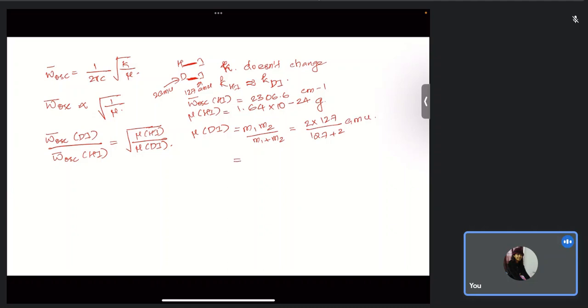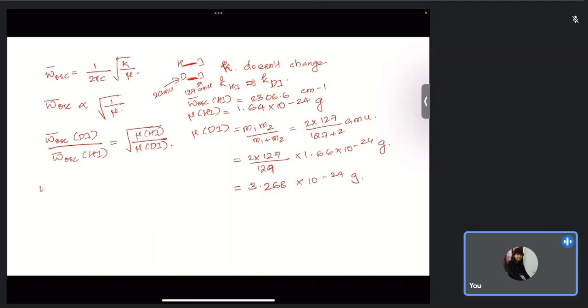So this will be 127 into 2 divided by 129. We have to convert this to grams, so this will be 1.66 into 10 to the power minus 24 grams. This is going to be 3.268 into 10 to the power minus 24 grams.